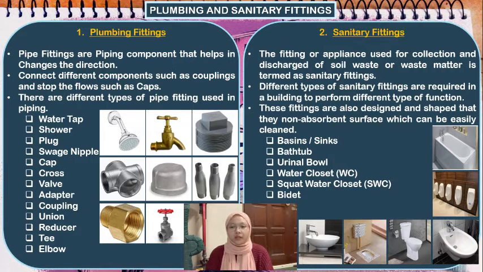Different types of sanitary fittings are required in a building to perform different types of functions. These fittings are also designed and shaped with non-absorbent surfaces which can be easily cleaned. For example, basins or sinks, bathtub, urinal bowl, water closet, squat water closet, and bidet.